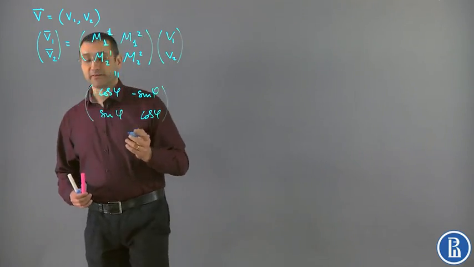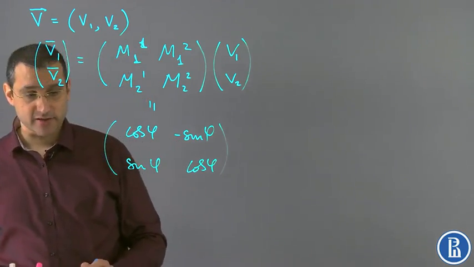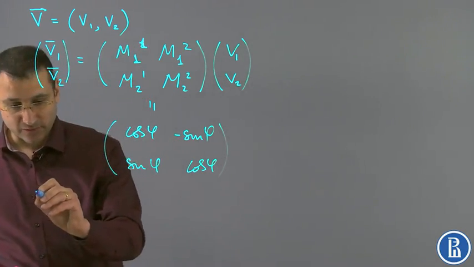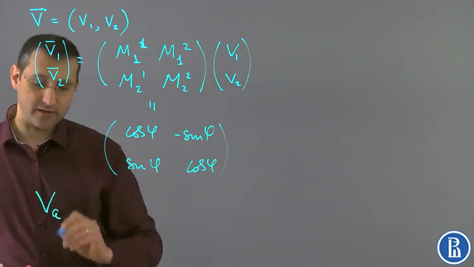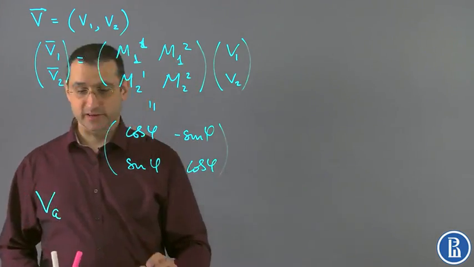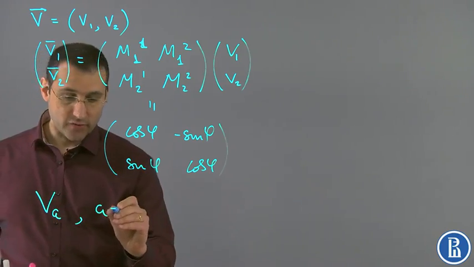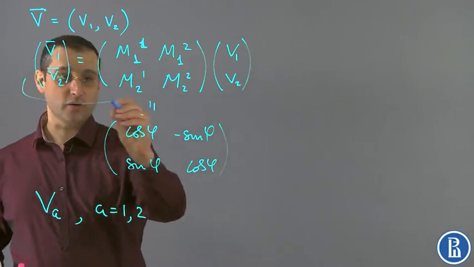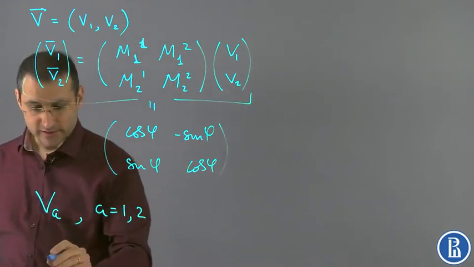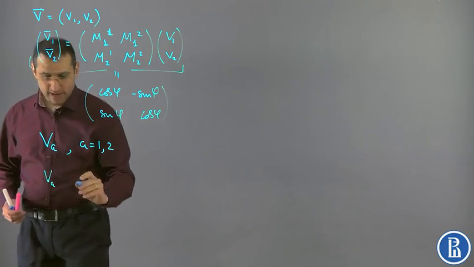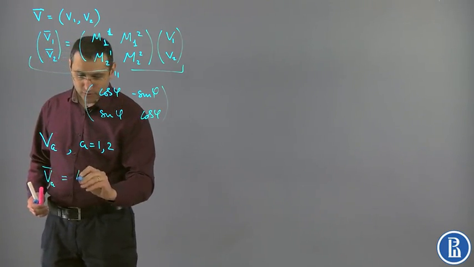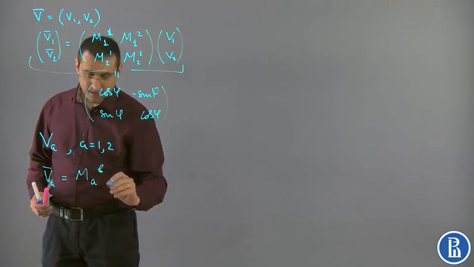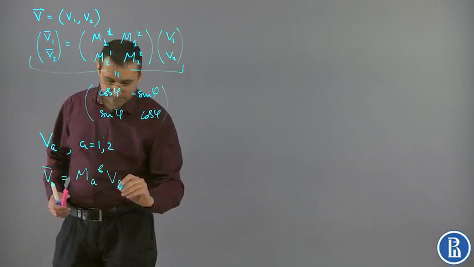But what is the difference? In tensor notation, a vector is represented as follows. It's some quantity which carries an index a, and a ranges from 1 to 2. Then in tensor notation, this equality is written as follows: V_a bar is equal to M_ab V_b.